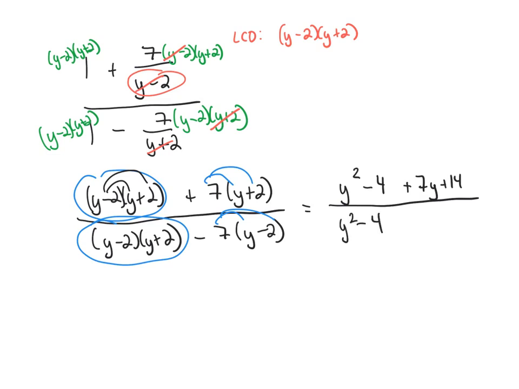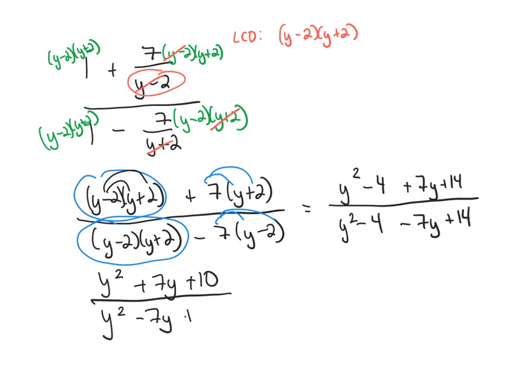Again, that's just the FOIL of (y minus 2)(y plus 2), minus 7y plus 14. So now I'll put those together. So the top I get y squared plus 7y plus 10. And on the bottom I get y squared minus 7y plus 10.